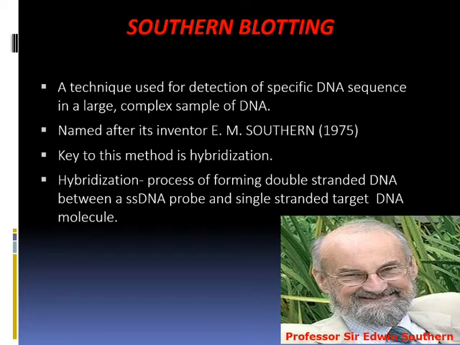First we separate the DNA strands, and then the complementary probe goes and binds to that particular DNA sequence. With that we identify whether the sequence you are searching for is available or not. This is completely based on the hybridization process. Hybridization means forming a double-strand DNA between a single-strand DNA probe and a single-strand target DNA molecule.